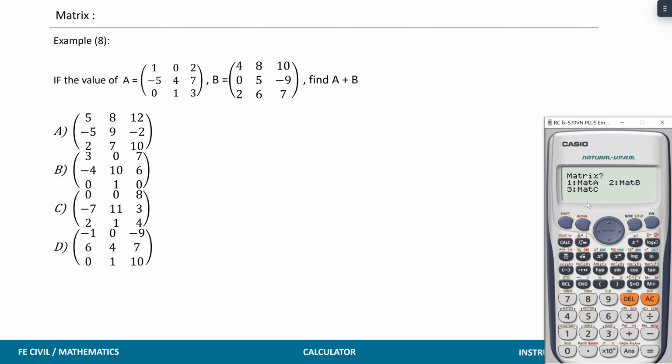So we're going to press 1, which is matrix A, which is 3 by 3, the number of rows and the number of columns. You can see here it's 3 rows by 3 columns, so it's 3 by 3.